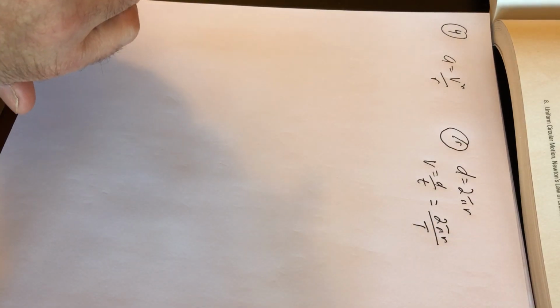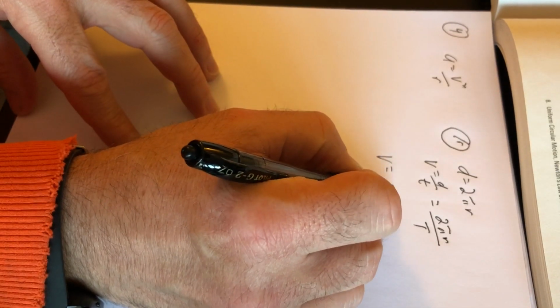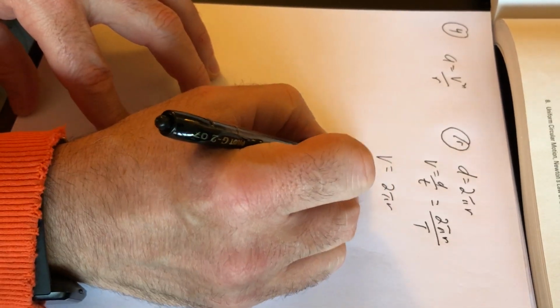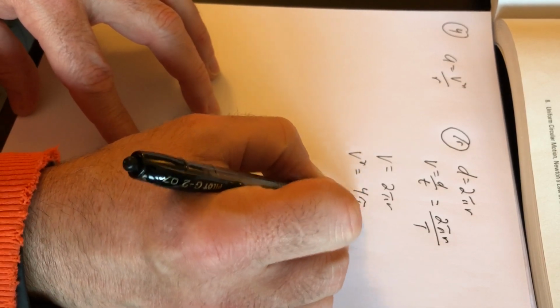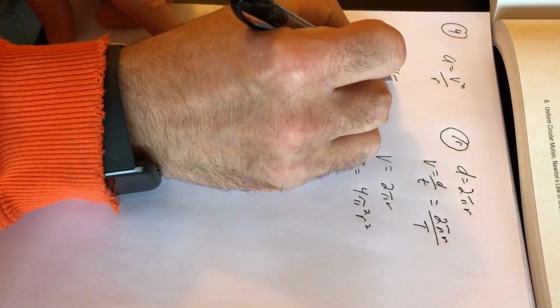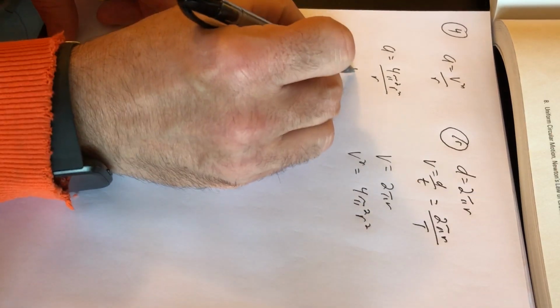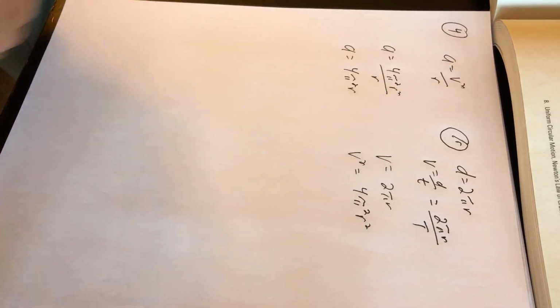In this problem, it said the period was 1. So velocity is 2 pi r, and velocity squared is 4 pi squared r squared. So a is going to be 4 pi squared r squared over r. One of the r's goes away, 4 pi squared r. That's choice D.